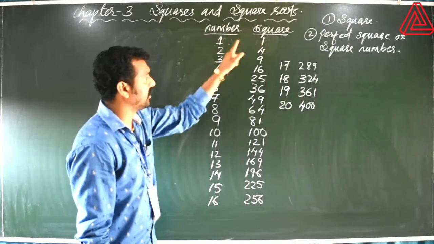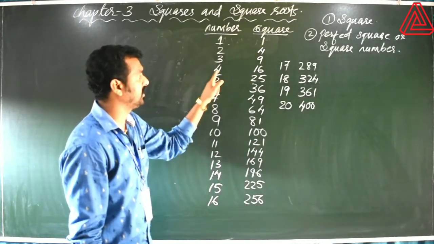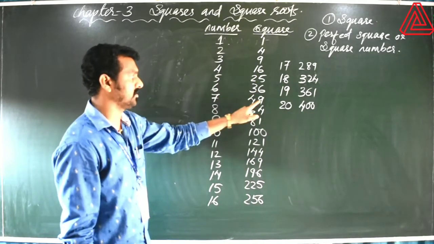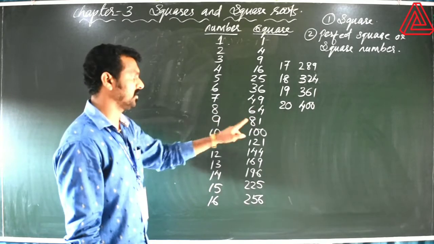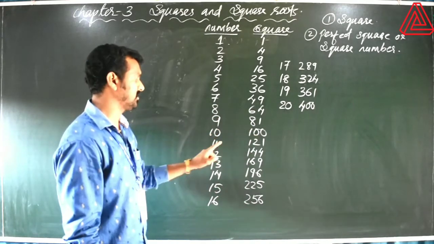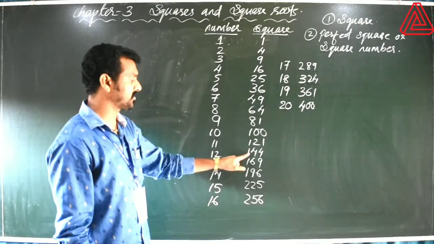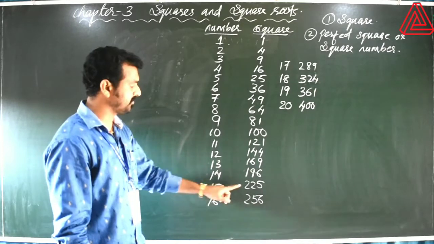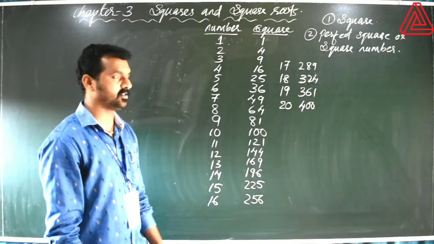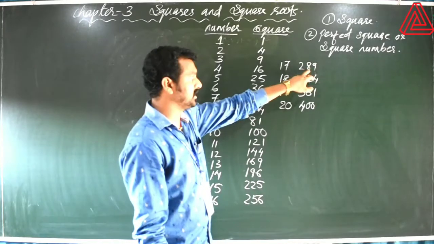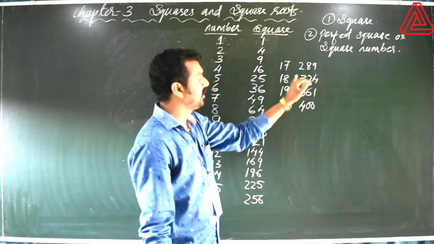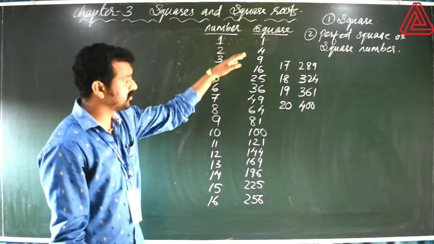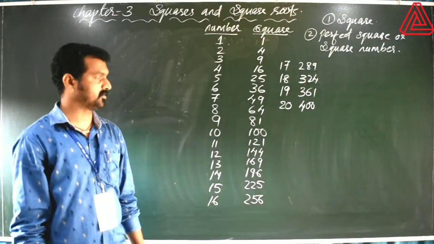Square of 1 is 1, square of 2 is 4, square of 3 is 9, square of 4 is 16, square of 5 is 25, square of 6 is 36, square of 7 is 49, square of 8 is 64, square of 9 is 81, square of 10 is 100, square of 11 is 121, square of 12 is 144, square of 13 is 169, square of 14 is 196, square of 15 is 225, square of 16 is 256, square of 17 is 289, square of 18 is 324, square of 19 is 361, and square of 20 is 400. So up to 20 natural numbers, you have to remember it.